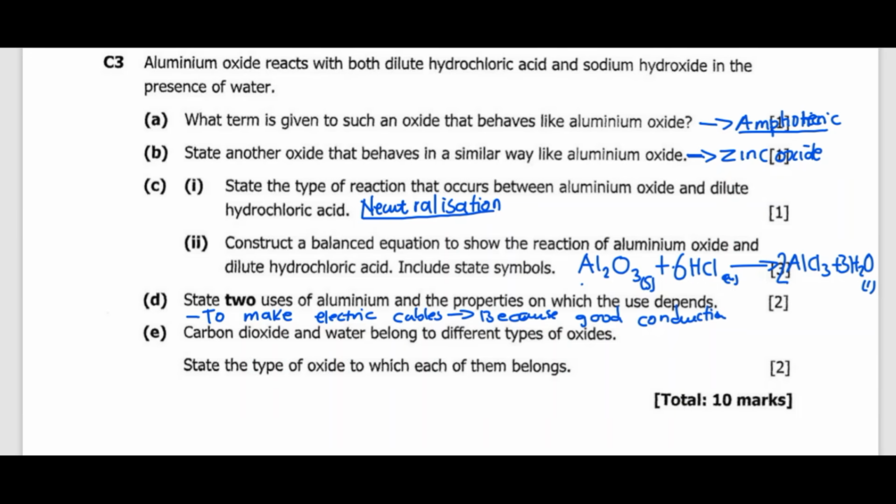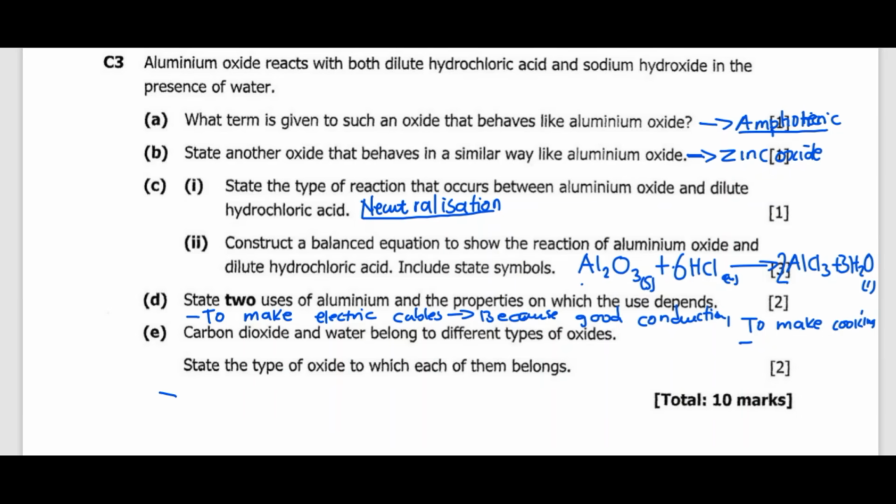Then the other one, to make cooking utensils like pots, because it's a good conductor of heat. Another one, you can write to make aircraft parts, because it is lighter. Also to make drink cans, because it does not corrode.